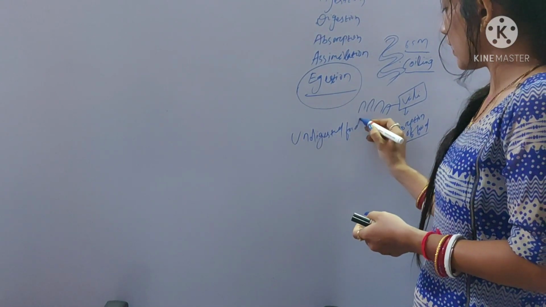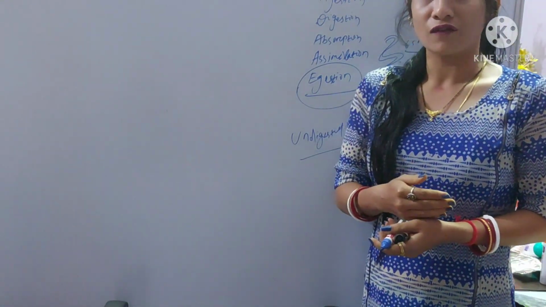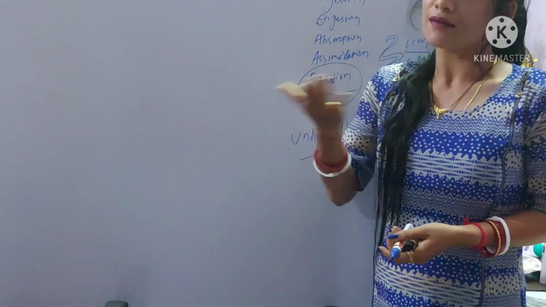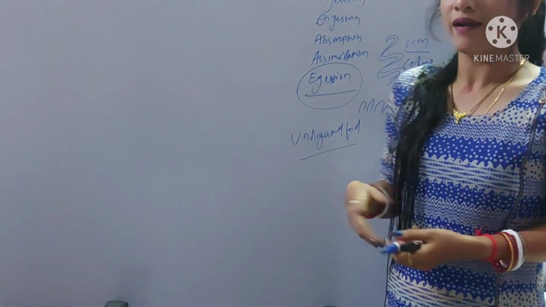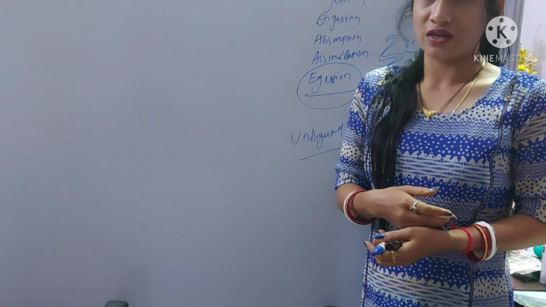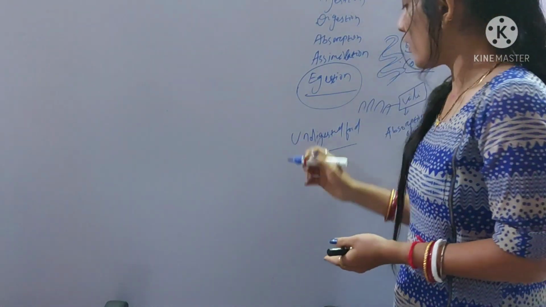Due to the presence of villi, the small intestine absorbs the food, so the undigested food cannot be absorbed by the small intestine. Hence, the undigested food now enters into the wider tube.